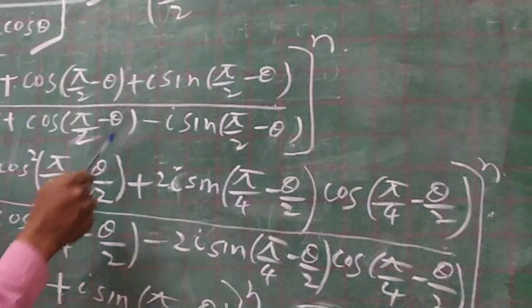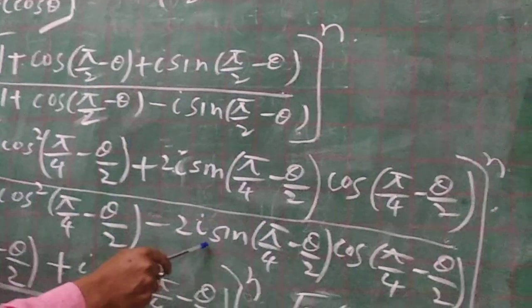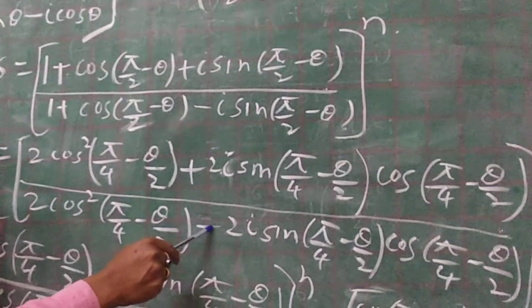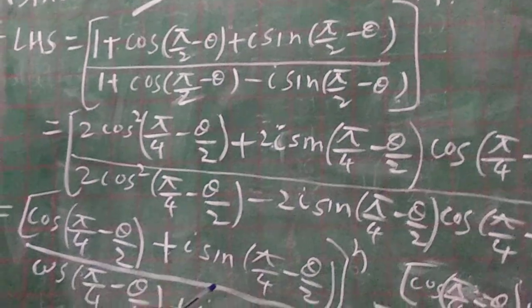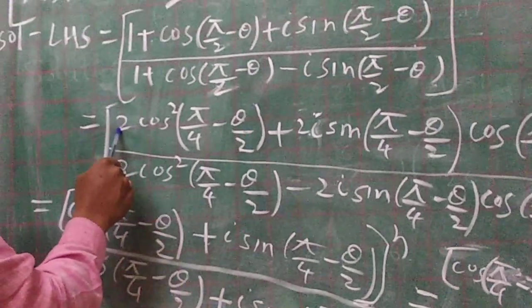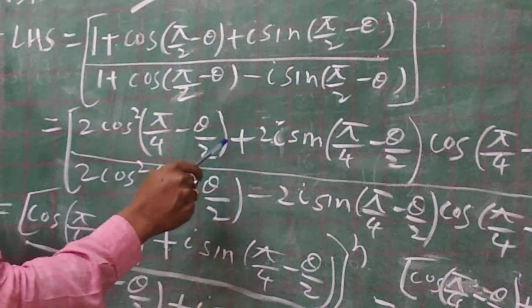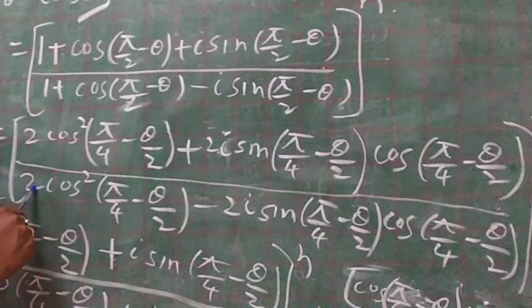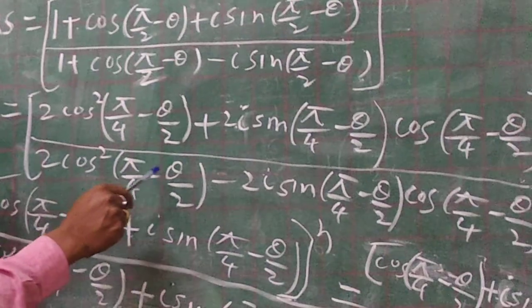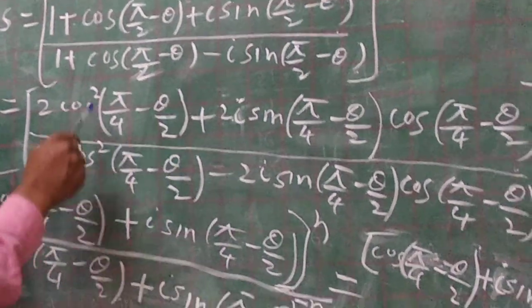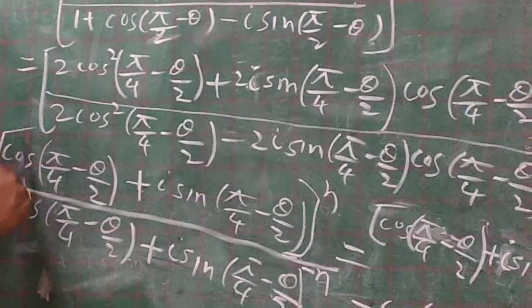So numerator and denominator are the same except the sign in between. Then from numerator 2 cos of (pi/4 - theta/2) is common, and also from denominator 2 cos of (pi/4 - theta/2) is common. So that gets cancelled, and what remains?